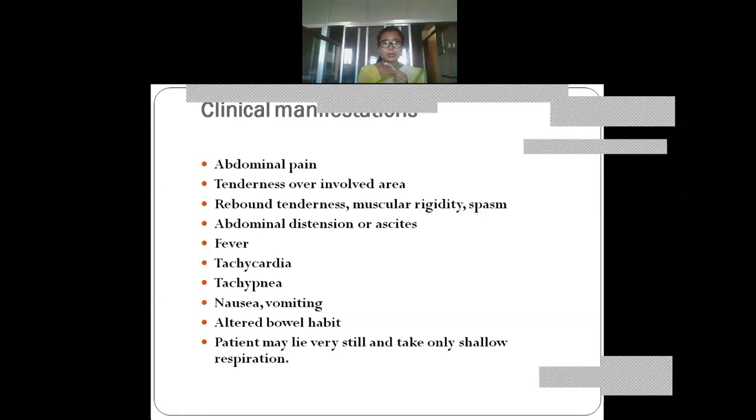And then nausea, vomiting, altered bowel habit, and the patient may lie very still and take only shallow respiration. The patient does this because moving can lead to more pain.